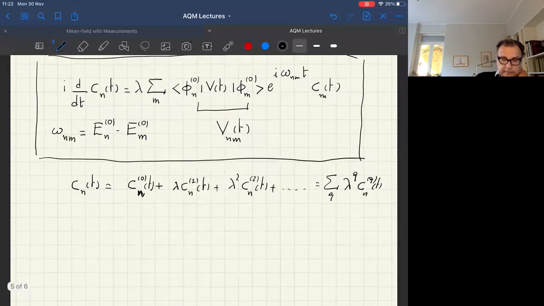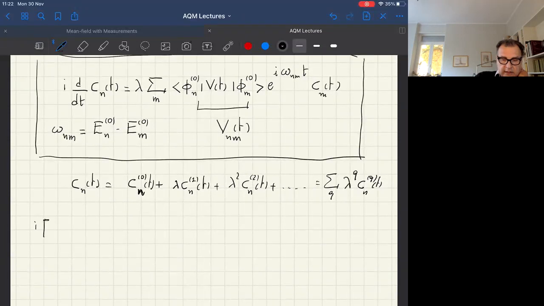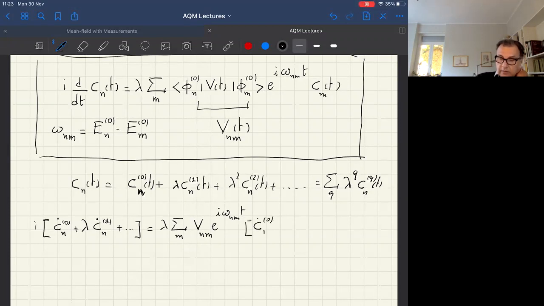So we just have i times C0n dot plus lambda C1n dot plus and so on is equal to lambda times the sum over m of Vnm e to the i omega nm t with the same series expansion, C0m plus lambda C1m.